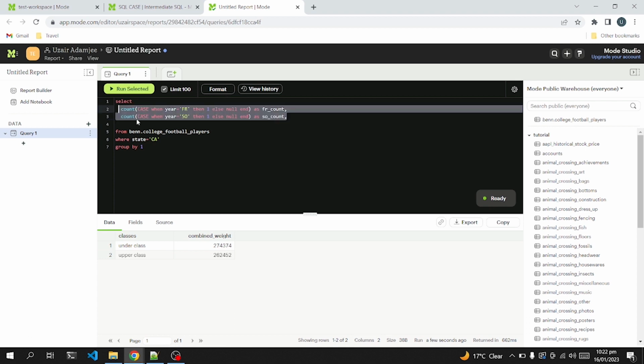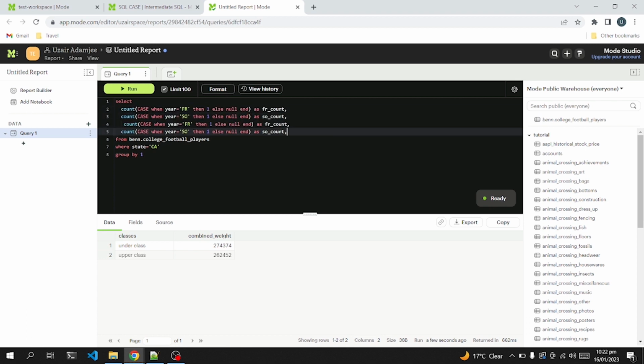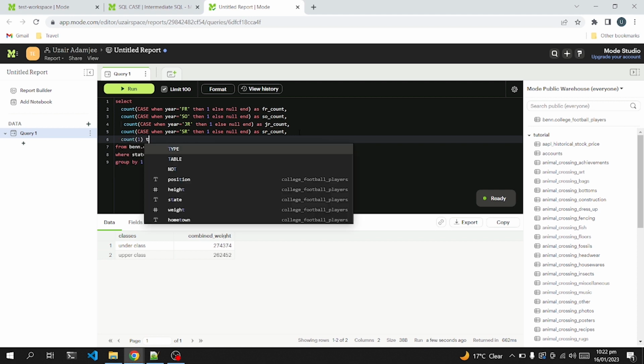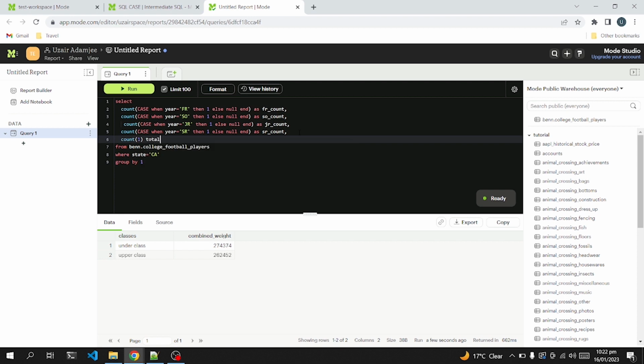Let's copy it out and put it here. JR for junior, SR for senior. Then we have to get the total count as well, so that if we sum all those individual counts for each state, we should get the total count.